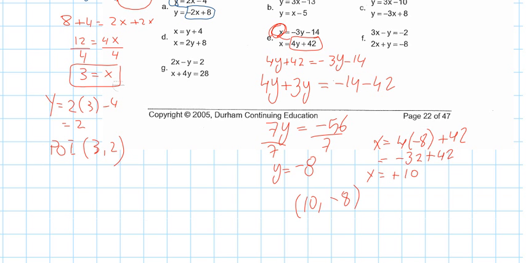So as long as one of the letters is isolated, so x is isolated for both of them or y is isolated for both of them, I can do the substitution. Okay? I want you guys to try a couple of the questions before I go on with another type.